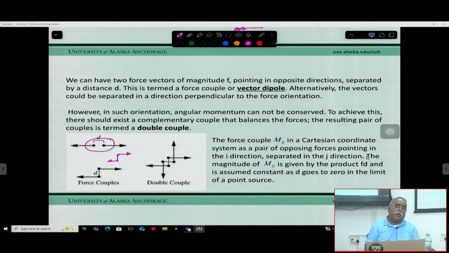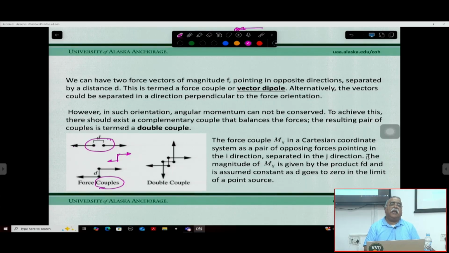So this will be forming what we call a couple. So two forces separated by a distance form a couple, right? So this is what you call a force couple. Now force couple is fine. Force couple can explain the momentum conservation. But the force couple cannot explain the angular momentum conservation.